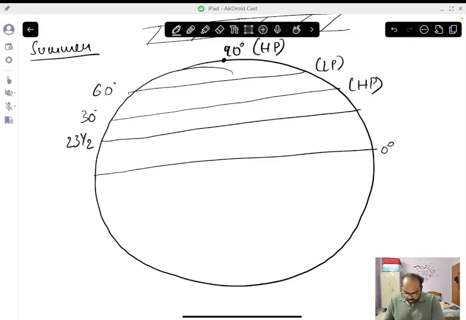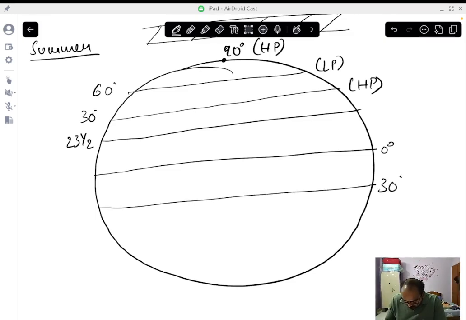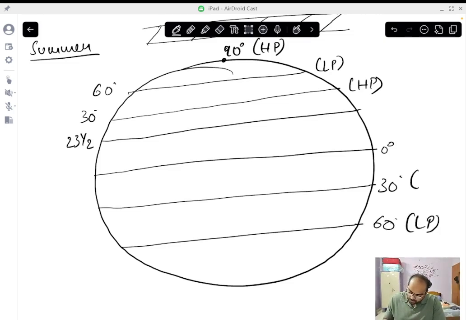Similarly, in the southern hemisphere also, subtropical high pressure, subpolar low pressure, polar low pressure, sorry, high pressure.